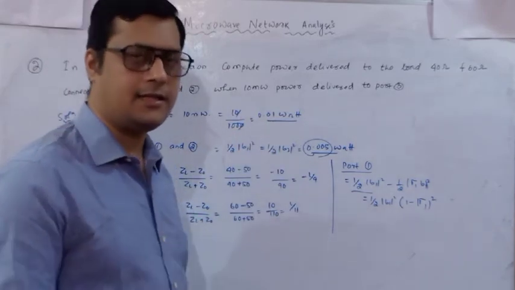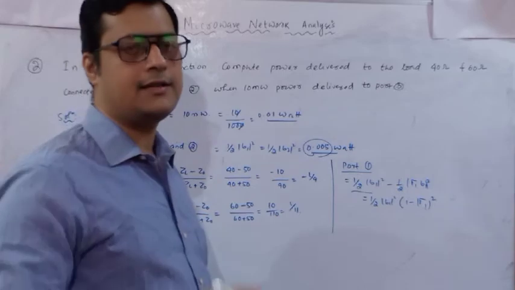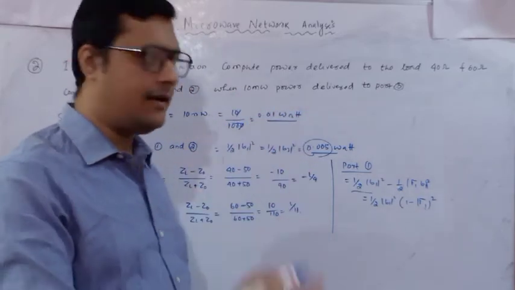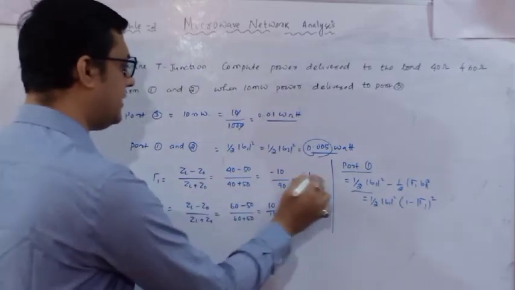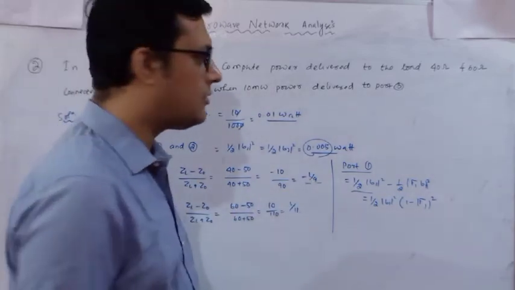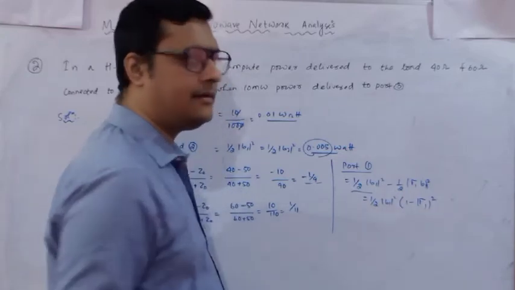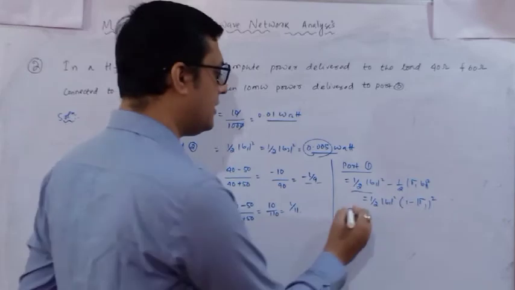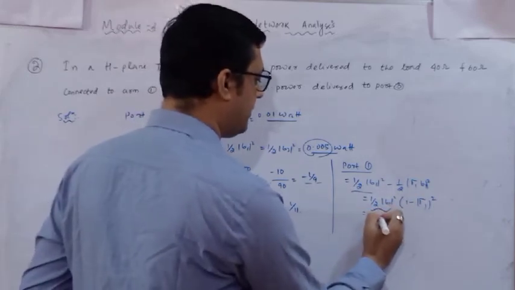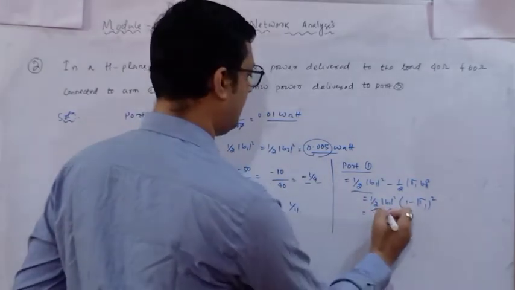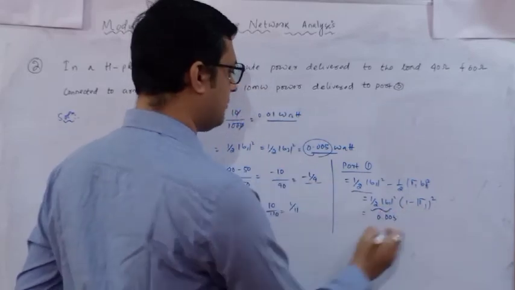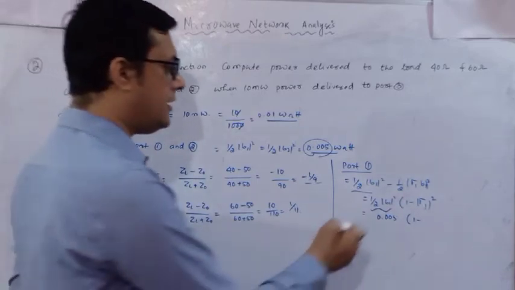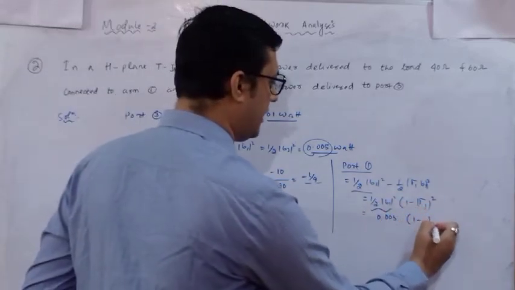But when we deliver this power, there is a load which will reflect some power. Okay, and that reflection coefficient we have measured as minus 1 by 9. So we have to subtract the reflection coefficient whole square with respect to this value. Now this value is 0.005, half B1 square, 1 minus mod of reflection coefficient square. So it is 1 by 9, so it is 1 by 81.